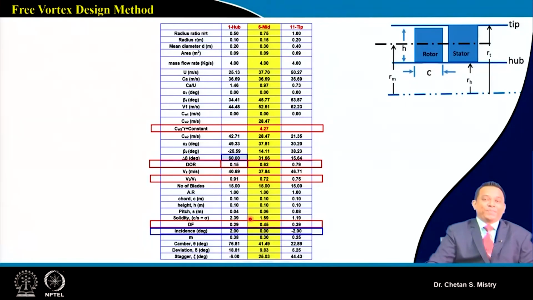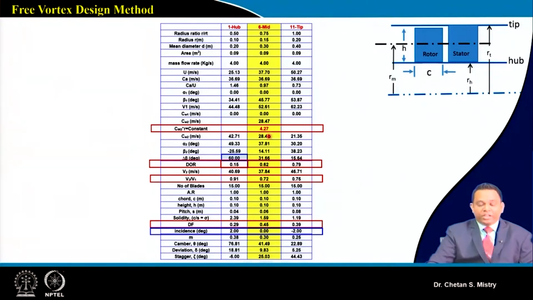From that variation of CW2, we have calculated the different flow angles, the velocity components, the degree of reaction, diffusion factor, de Haller's factor, and different angles: incidence angle, deviation angle, camber angle, and stagger angle.